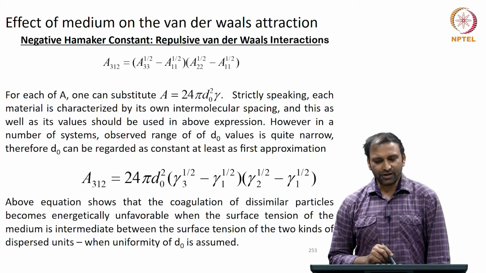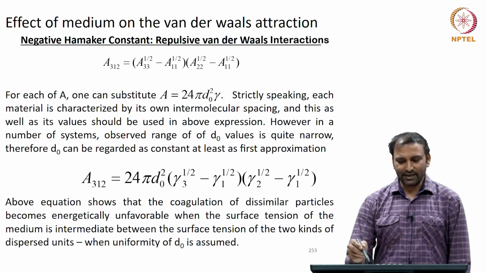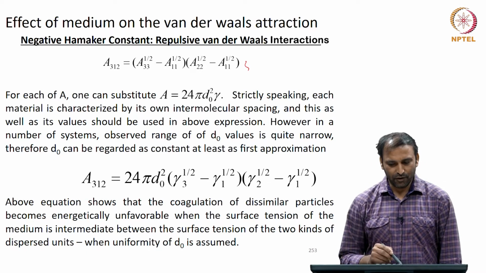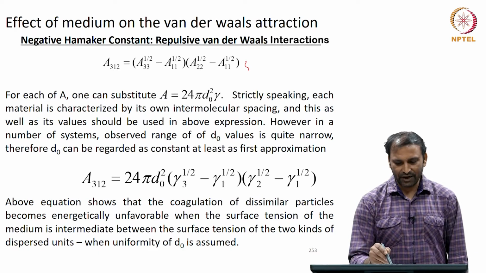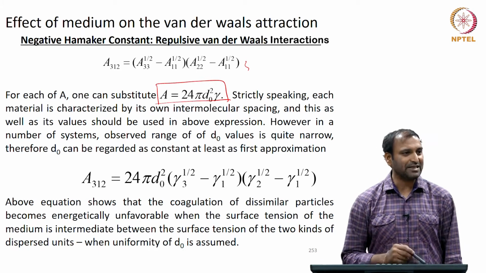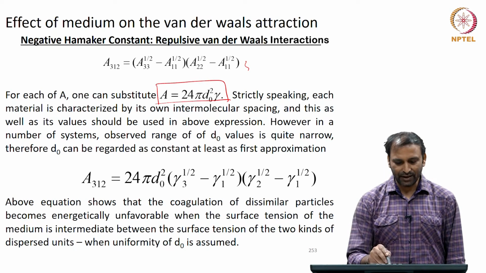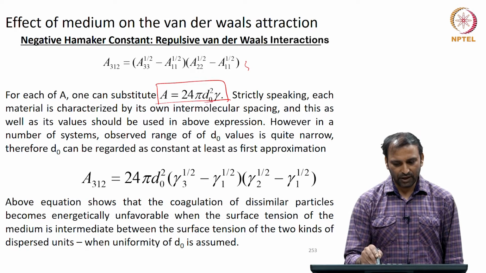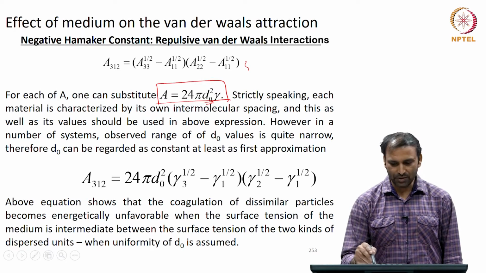So, you can also think about extending this concept further, because we have discussed macroscopic theories in which you can relate the Hamaker constant to the equilibrium separation distance between the molecules and gamma.